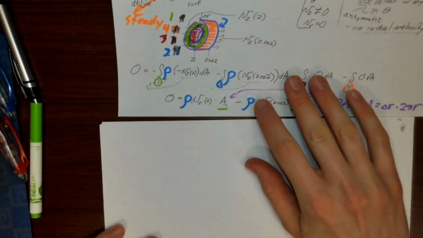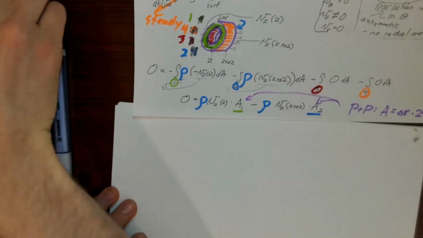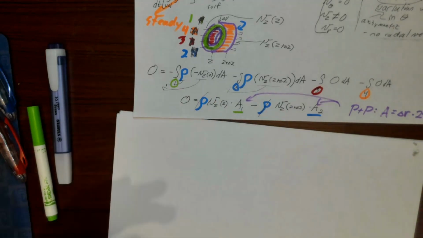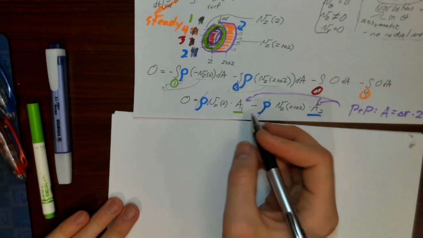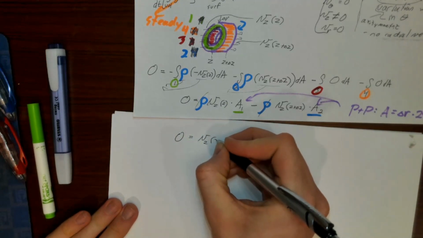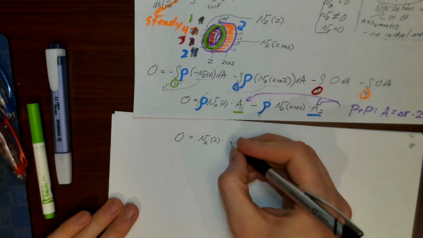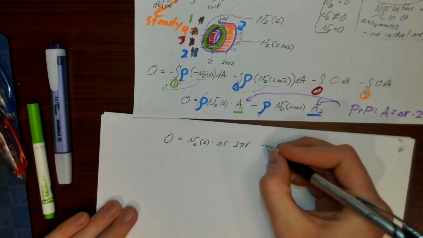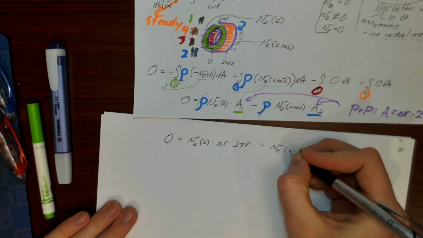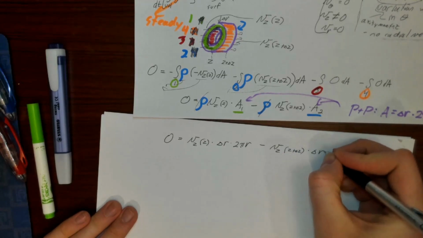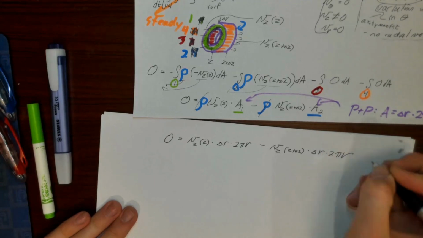Our conservation of mass gives us the following result. I guess we can just divide everything through by density before we proceed too much. So we're left now with 0 is equal to Vz at z times delta r times 2 pi r minus Vz at z plus delta z times delta r times 2 pi r.